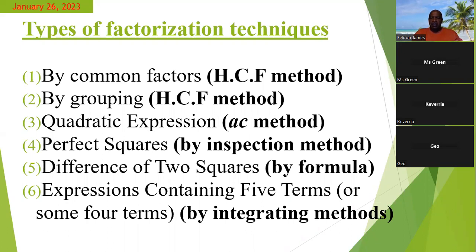For these expressions, we will have an integration of 2 or more of the methods above. Depending on how the expression appears, we can use a quadratic method along with an HCF method or so on. And we'll see how that works.